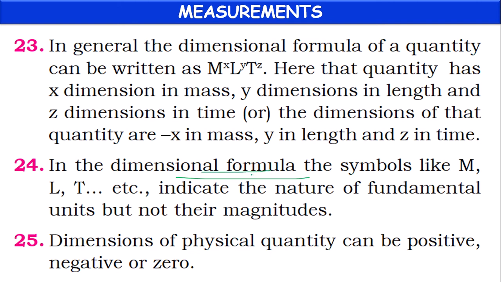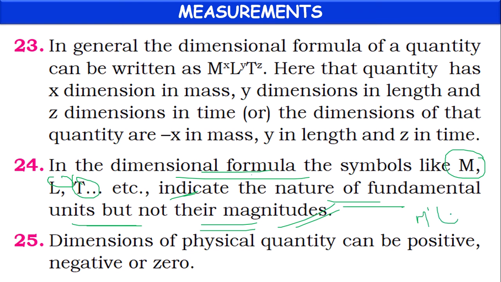So in the dimensional formula, the symbols like M, L, T indicate the nature of fundamental units, but not their magnitudes. Because with the help of this M1 L2 T minus 2, we can tell only the nature of mass, one time it has appeared, nature of length, two times it has appeared.